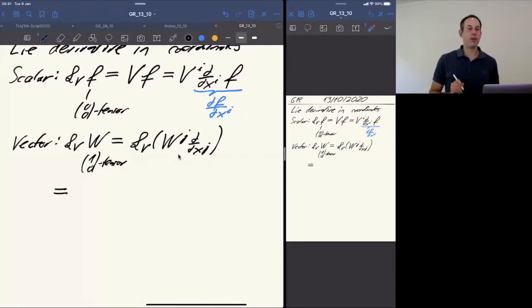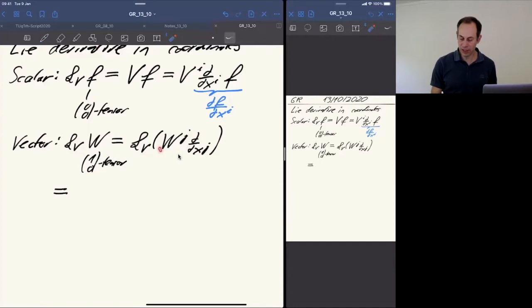Now you have to remember a rule that I already told you last time, namely that if we take the Lie derivative of an object which consists of a function times a vector, then something like the product rule applies. So you have to be aware of the fact that this W^j is not just a real number. This is not a constant.